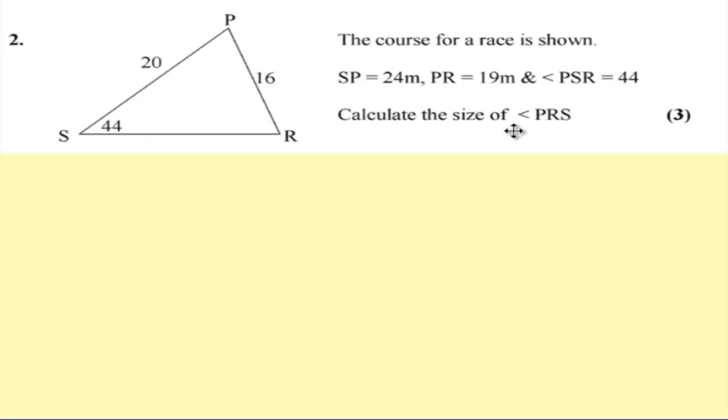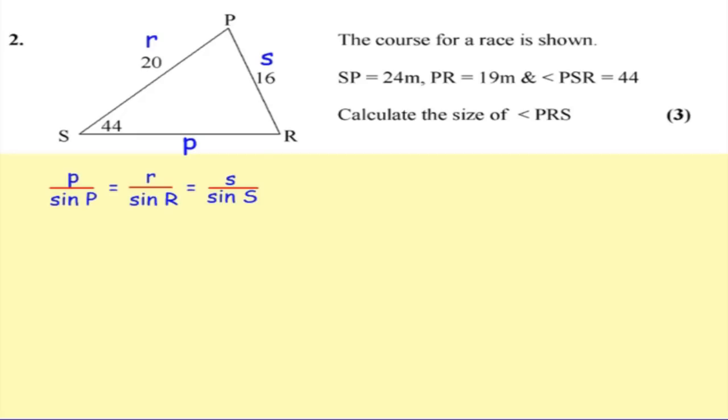Here we're asked to calculate the size of the angle PRS, or the angle at R. We begin by marking the three sides, small p, small r, and small s. This is an example where we use the sine rule.